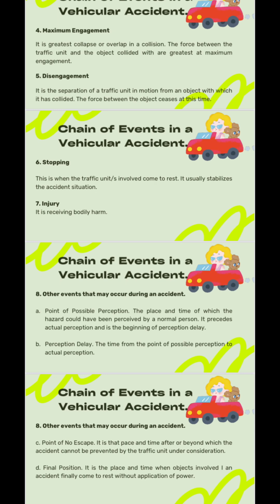Example is you see a pedestrian crossing the street but you're too focused on your phone. The time it takes for you to realize that you need to stop is the perception delay. You realize late that someone is crossing, so your braking is delayed.